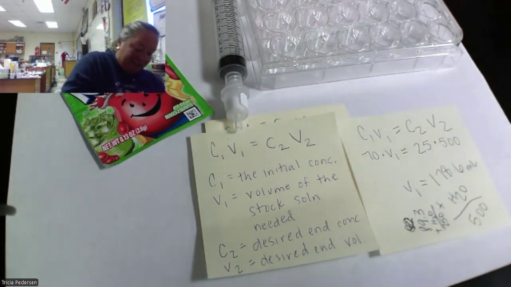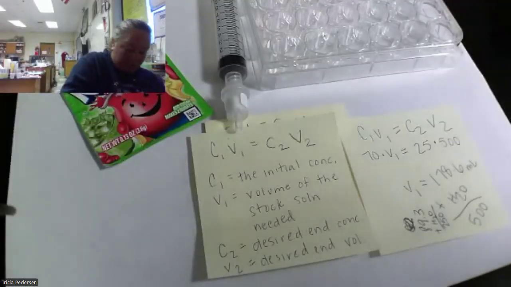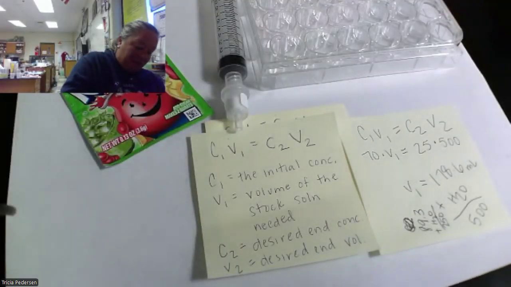If you did 18 and 232, that'll give you your 5%. 18 alcohol and 232 water.